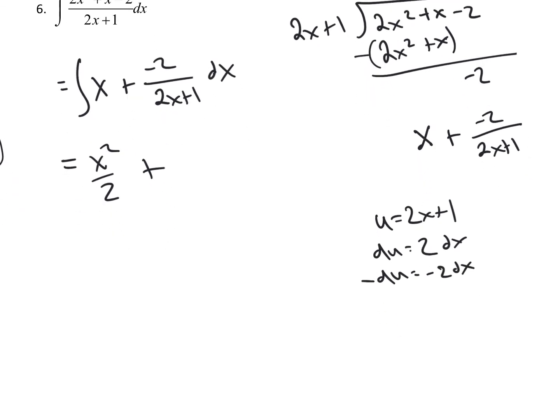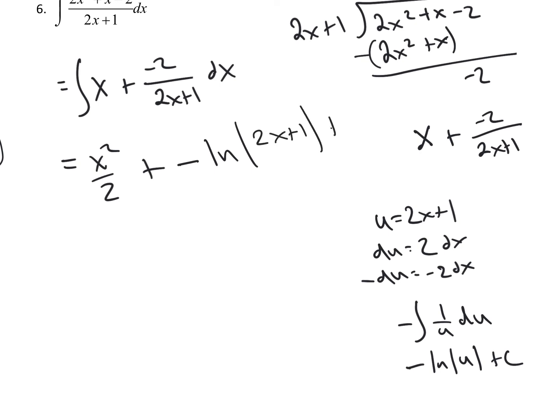So I'm thinking that's going to be the integral with a negative in front of 1 over u du. So this should be minus natural log absolute value of u plus c. So I'm going to have plus negative natural log absolute value of 2x plus 1 plus c. And there's my answer.